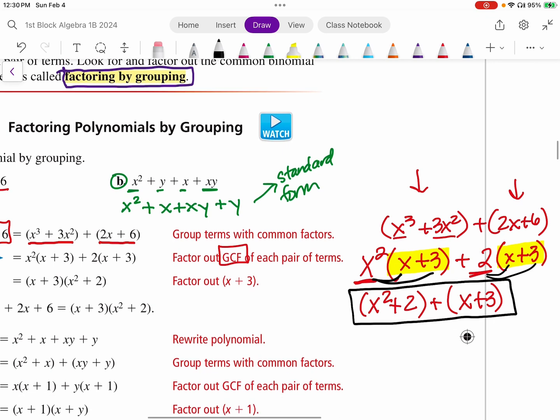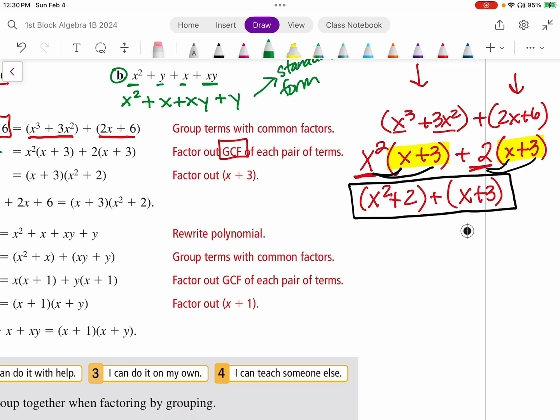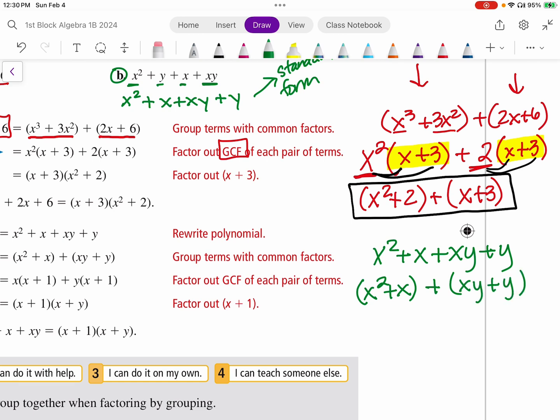All right, now we're going to do B. I'll go back to my B color, which is green. We're going to take standard form, x squared plus x plus xy plus y, and we're going to split it up into the first two terms and the second two terms.